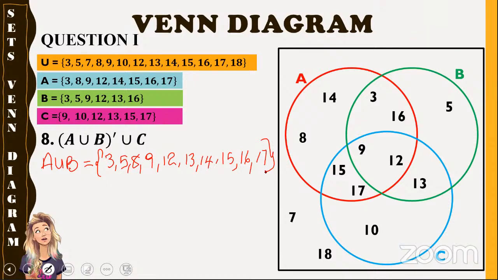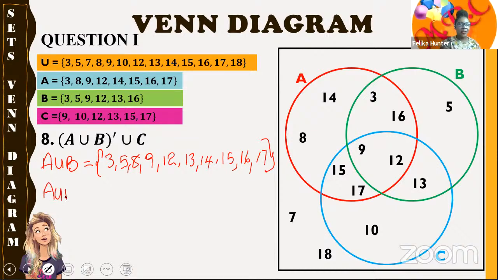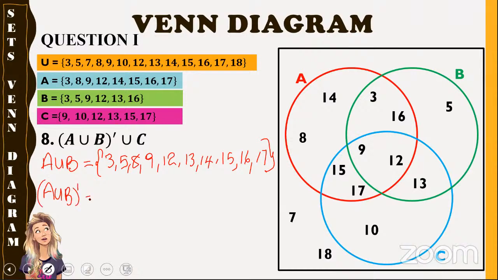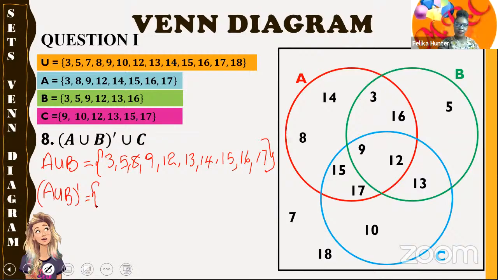What do I do next? Find the complement of A union B. All right, complement, and what would that be? Yes, Peter, go ahead, my darling. 7.